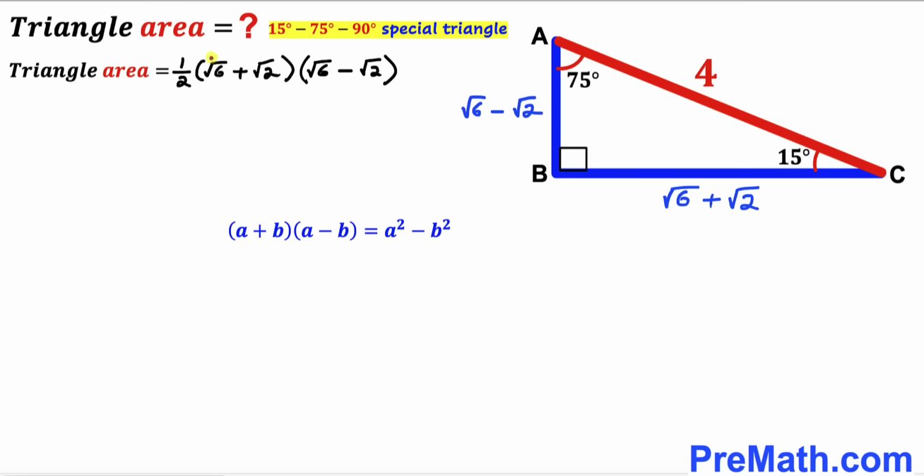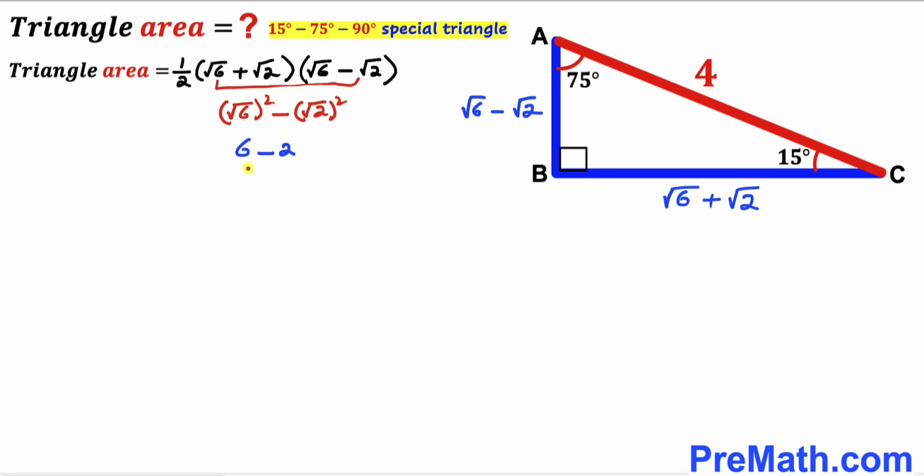If I call these lowercase a and lowercase b, then this whole part is going to become square root of 6 whole square minus the square root of 2 whole square. This is going to give us 6, then minus 2, and 6 minus 2 is 4.